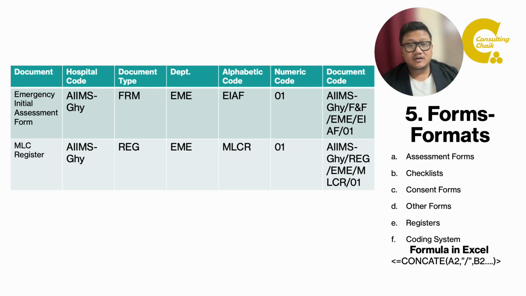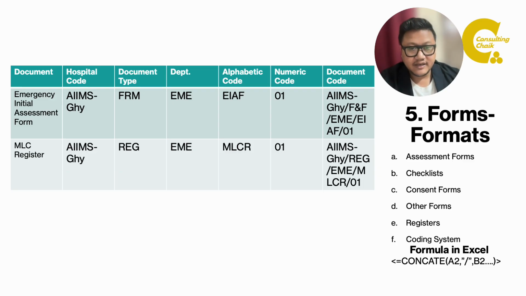Then we have our forms and formats. So forms and formats. You have the assessment forms, you have your checklist, you have your consent forms, you have other kinds of forms, you have your registers, then you have a coding system.